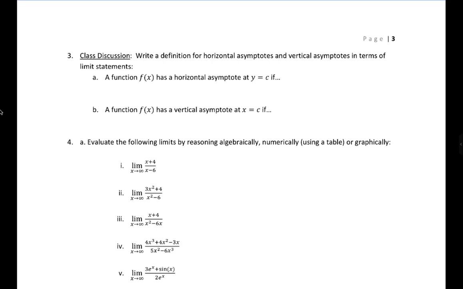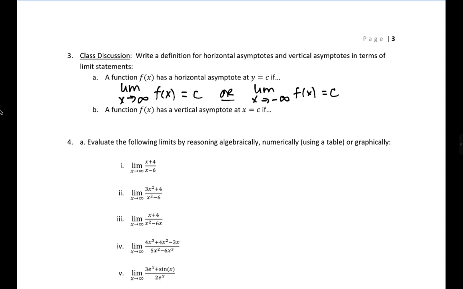Okay, so basically we say that a function has a horizontal asymptote at y equals c if the limit as x approaches infinity of f of x is equal to c, or if the limit as x approaches negative infinity of f of x is equal to c. So as x goes asymptotically large in either direction, y approaches a fixed number.